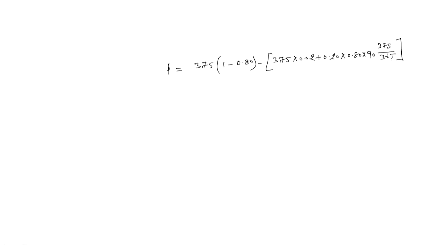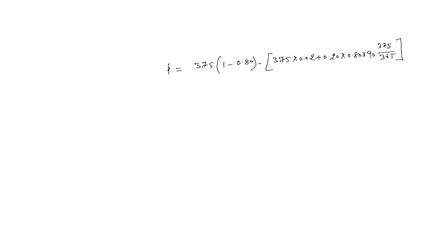We have put all the values in this model. So, if you solve this situation in this model, let us check it again, no item should be left. 375 into 1 minus 0.80, that is the variable cost, we are subtracting everything from the 375 sales.